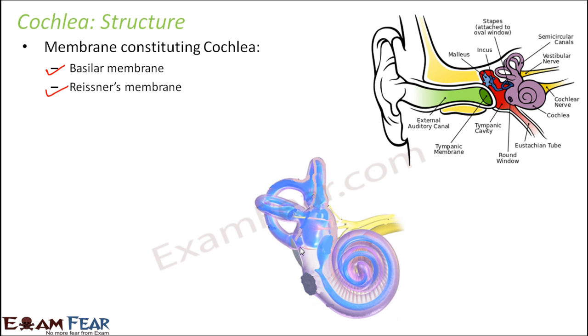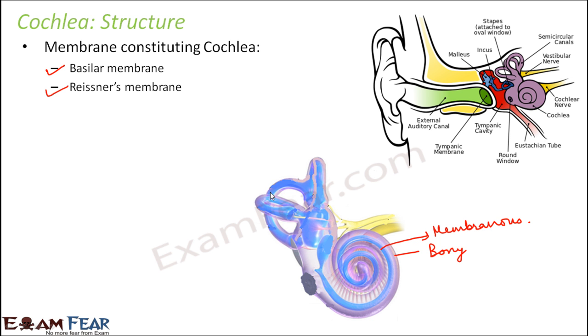As I was mentioning before, the labyrinth is made up of a bony labyrinth and a membranous labyrinth. Here, this light purple colored structure, which is the outer layer, is the bony labyrinth. And this inner layer, which is dark blue, is the membranous labyrinth. This is present throughout.